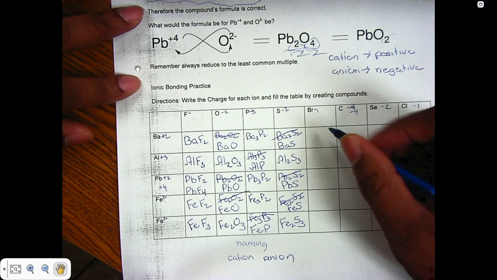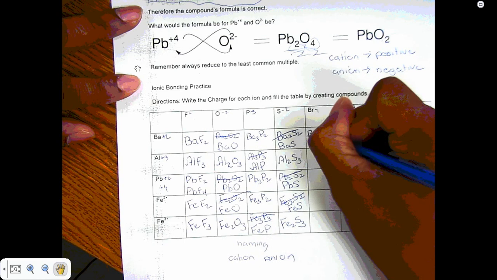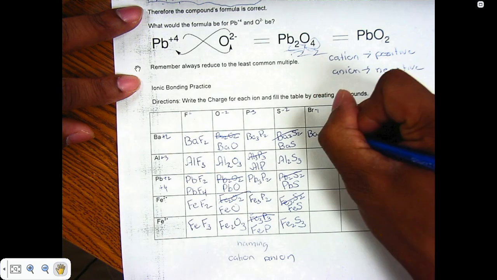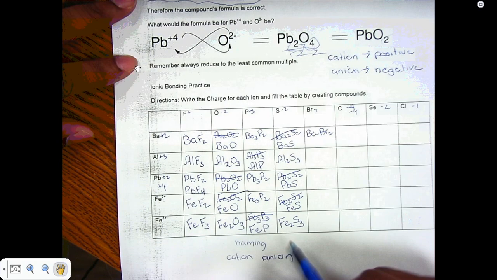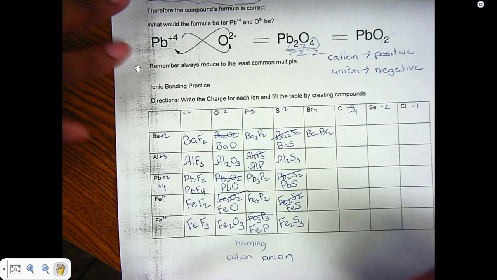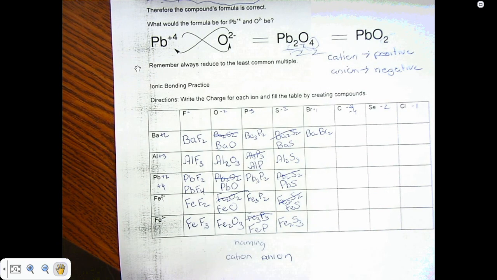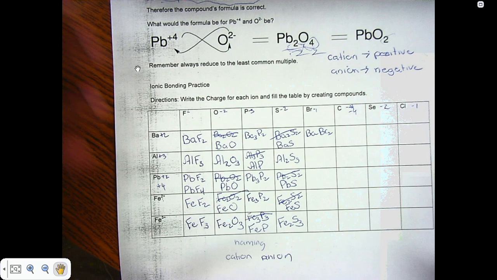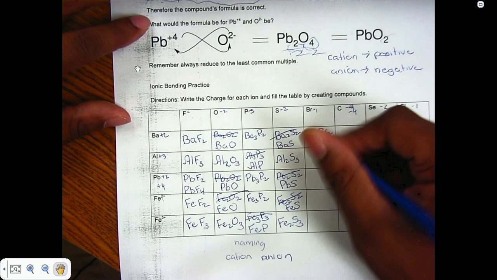Here, your bromine is going to be Ba1, Br2, and that's barium bromide. Notice the anions, these guys, just assume an "ide" suffix, and then the cations just maintain their status quo of their original names.